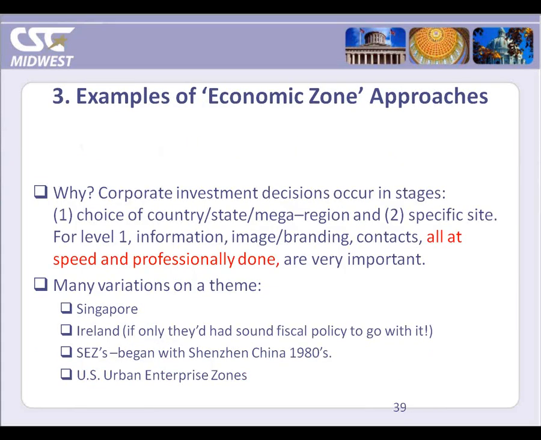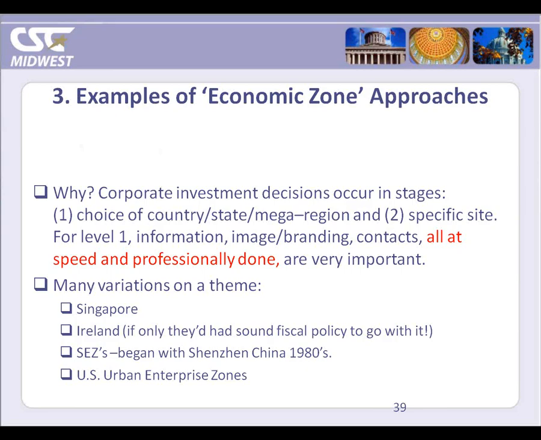So how do other regions in the world deal with this situation? Well, I'm just teasing you with a kind of framework here. It's the economic zone framework, or whatever language you want to use. But basically, corporate decisions regarding investment, whether they're corporations in an area or corporations thinking of moving to an area, occur in 2 stages.